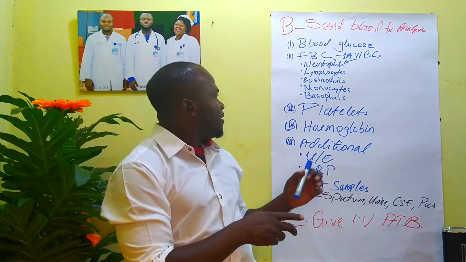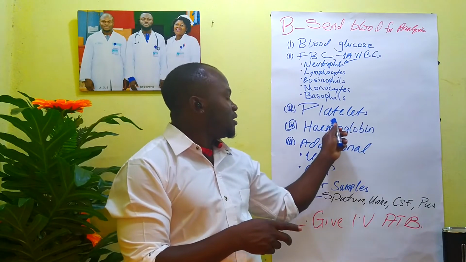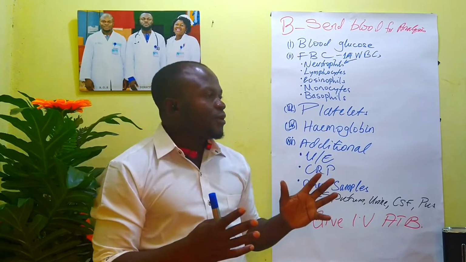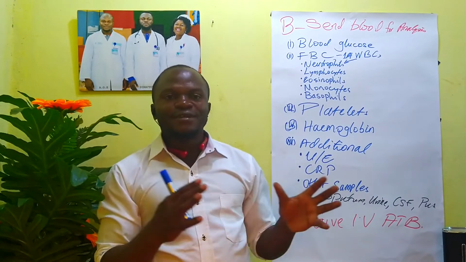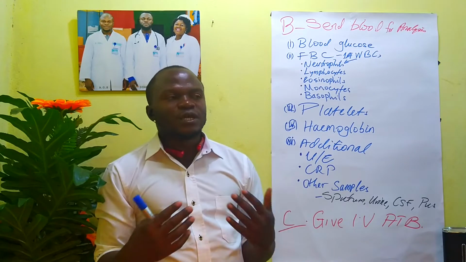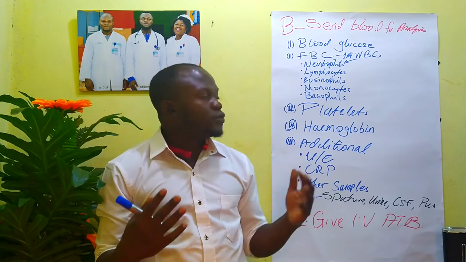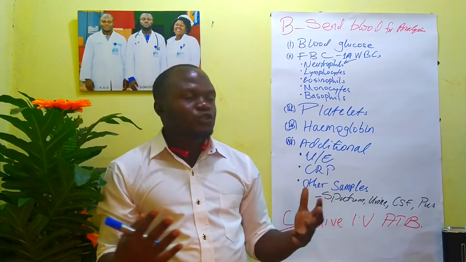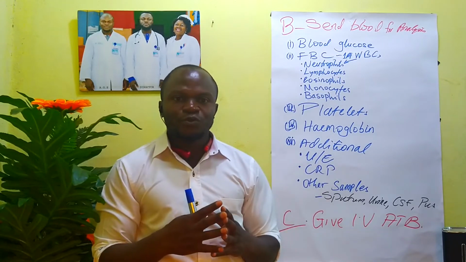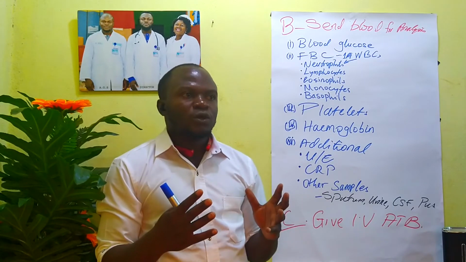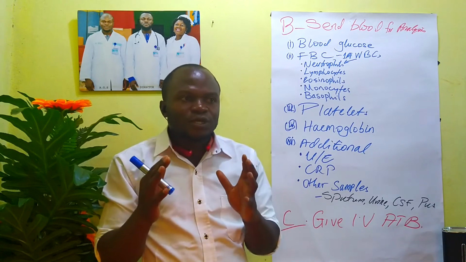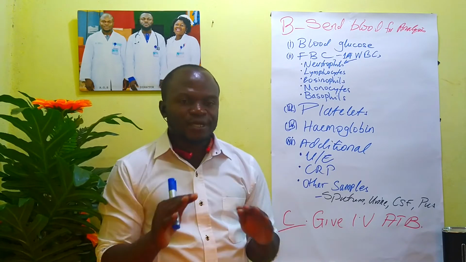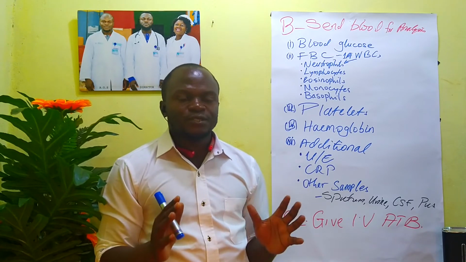The next thing in our full blood count that we want to see is the level of platelets. Remember, when we talk of sepsis, we mean there is inflammation, and it is obvious that there is platelet involvement, because platelets are necessary for the inflammatory process. A low platelet count is a bad sign in a patient with sepsis.